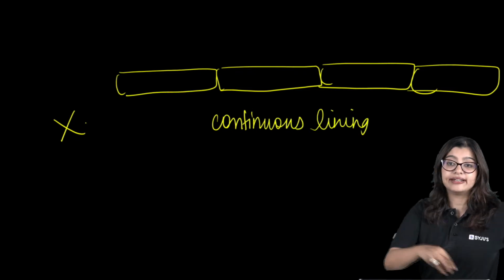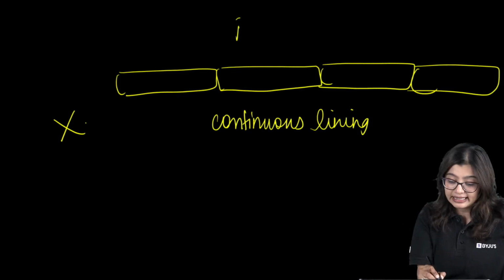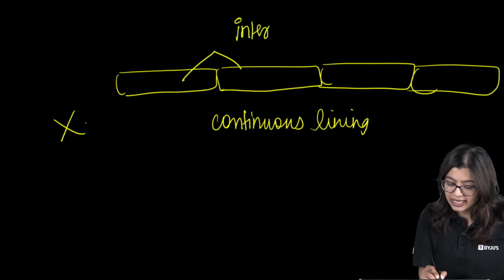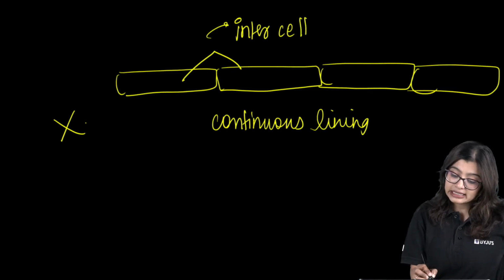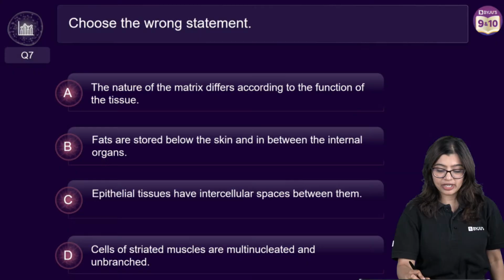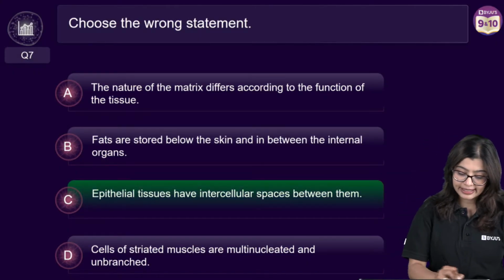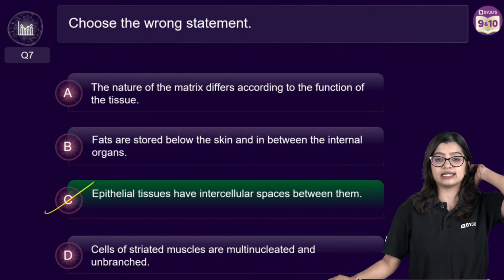That means there are no spaces present. And what is intercellular? Inter means between two. Between two cells, if I find space, I will call that intercellular. So in this particular case, which is wrong? It is option C, that epithelial tissues have intercellular spaces.